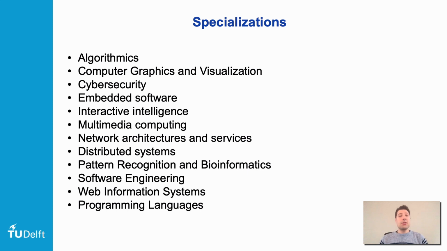Specializations, so those are basically the research groups we have. And the idea is that you at some point will join one of those research groups to do your thesis. And as you can see, we have so many different research groups: algorithms, computer graphics and visualization, cybersecurity, embedded software, interactive intelligence, multimedia computing, network architectures and services, distributed systems, pattern recognition and bioinformatics, software engineering, web information systems, and programming languages.